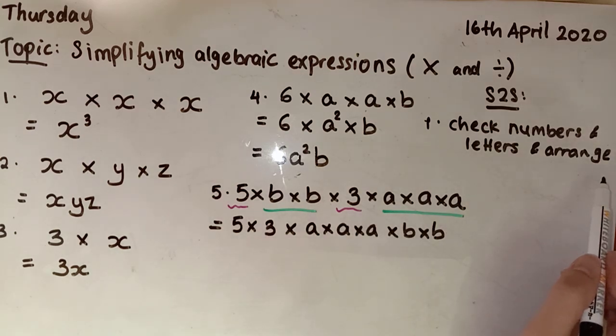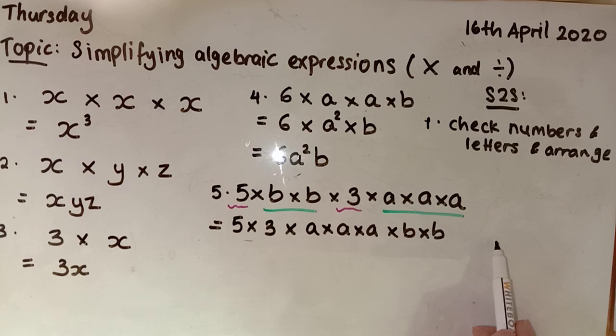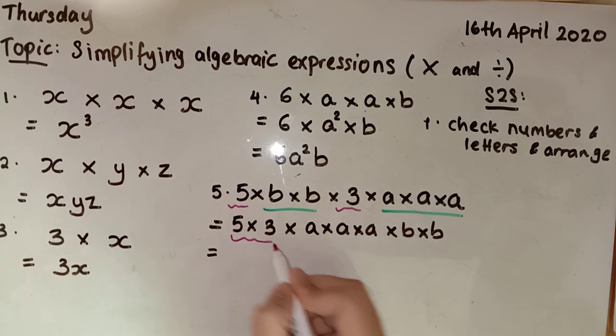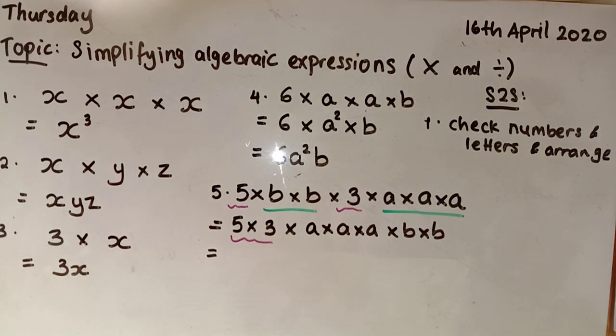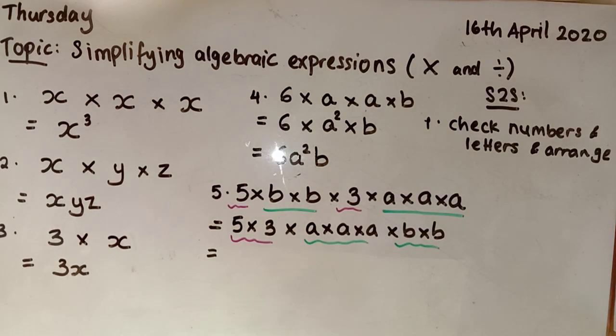And then we arrange them. 5 and 3 together. A first because of alphabetical order and then B. Okay? And then it is easy. So we simplify them. Numbers with numbers. Letters with letters. So that is one of the rules.